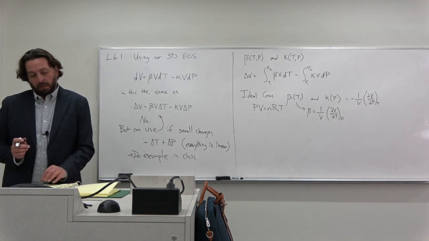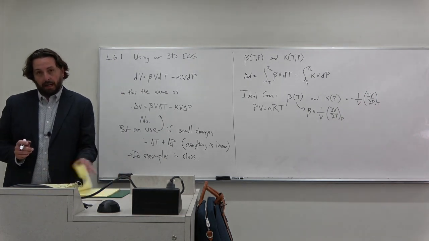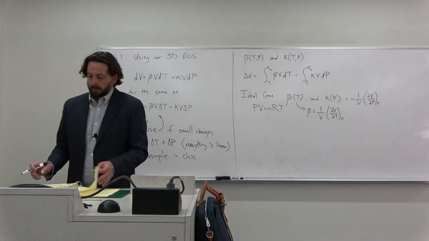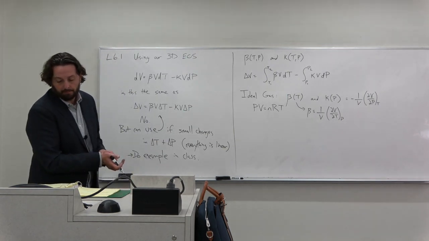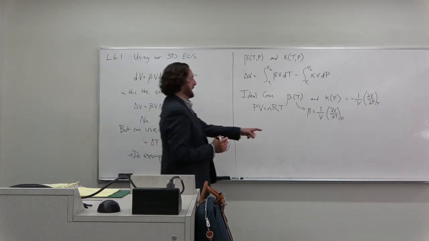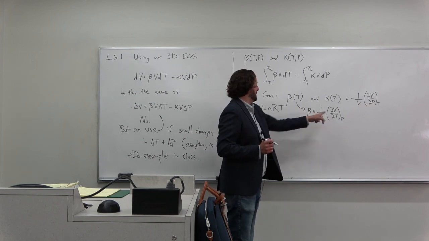Let's work out what those actually are for an ideal gas. For beta, we need to look at what V is.